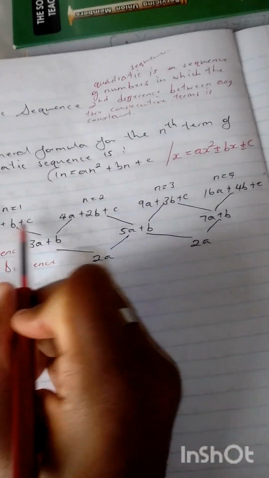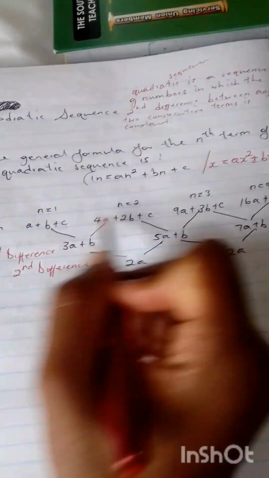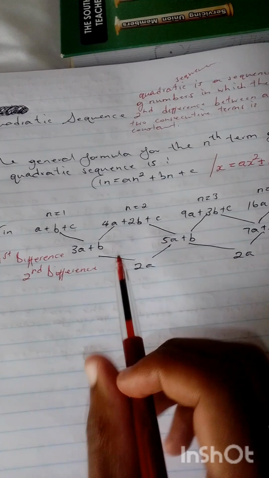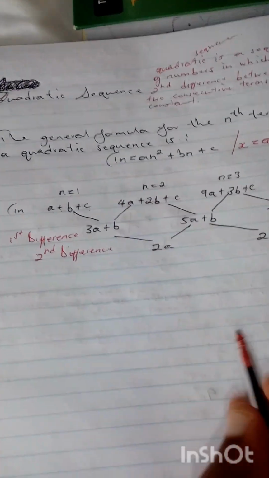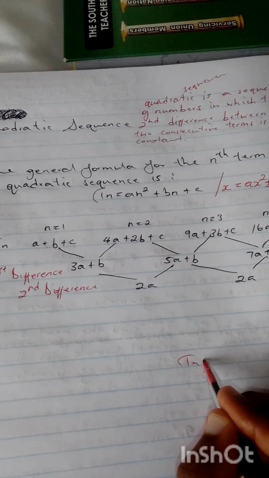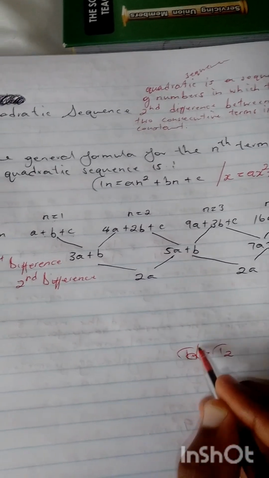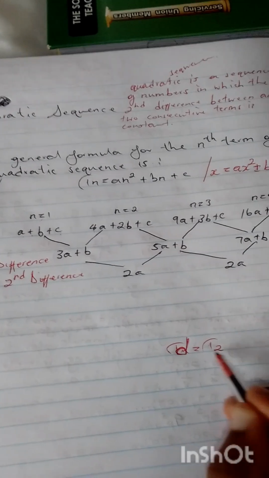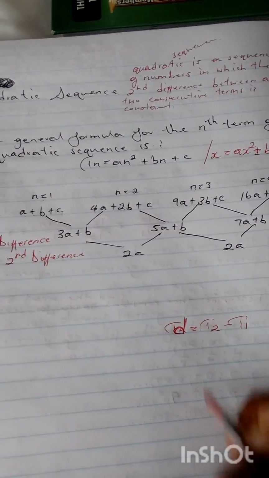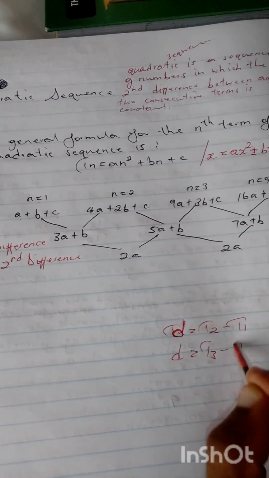Right. Now, let us look at this. Now we have a plus b plus c, right? To find the difference between the two, ladies and gentlemen, what is it that we do? Remember, from arithmetic sequence, we say D is equal to T2 minus T1. D is equal to T3 minus T2.